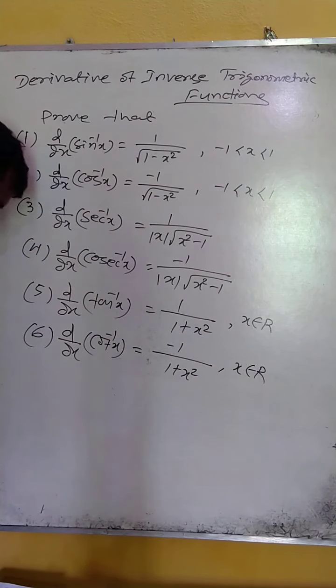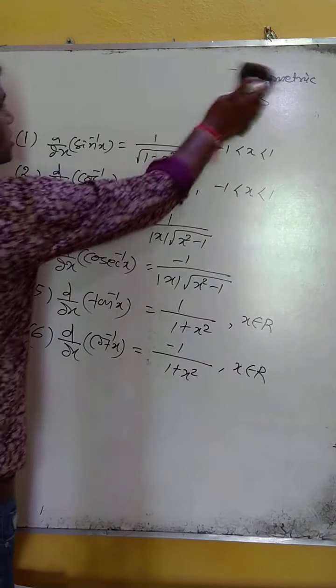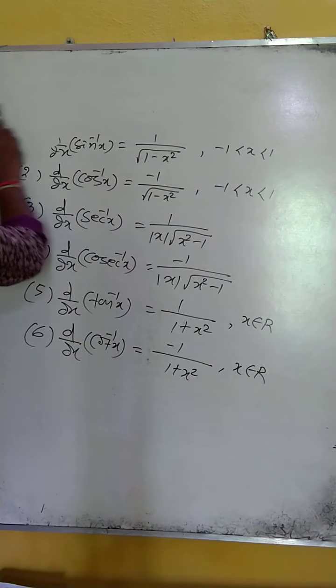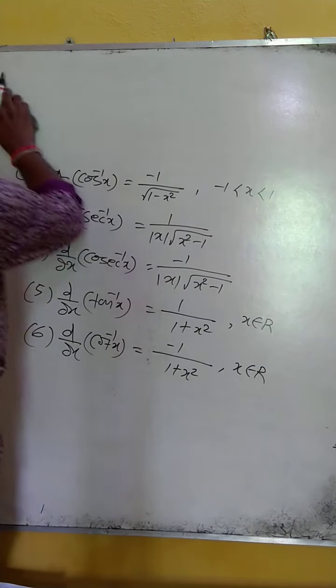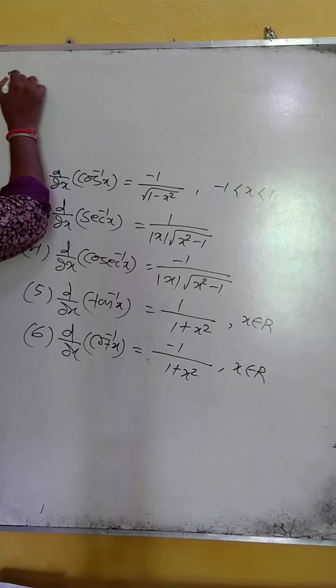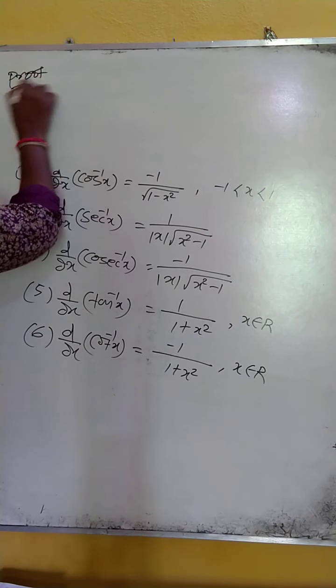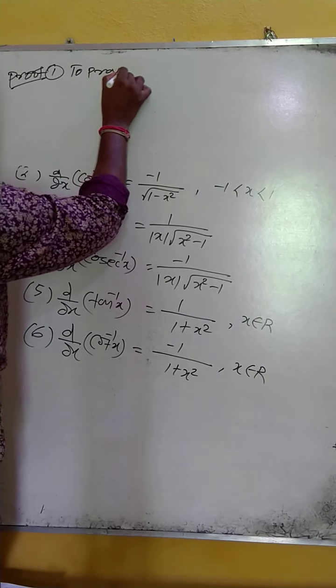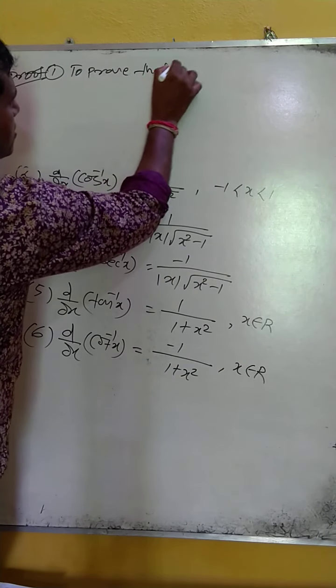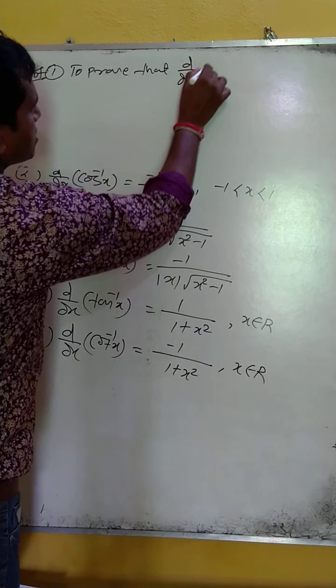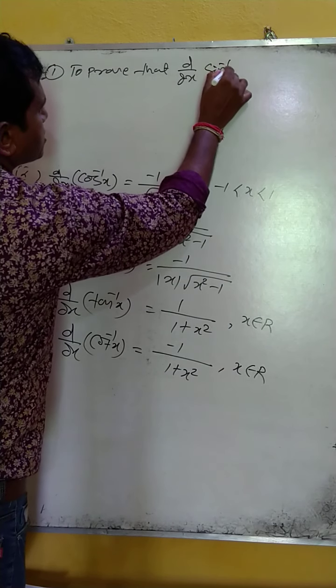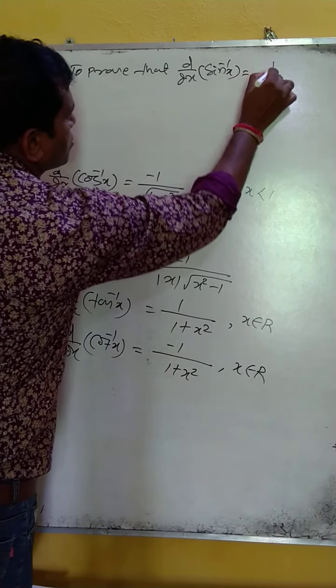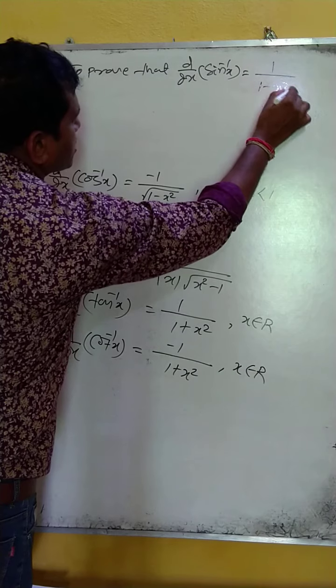Okay, first we prove the derivative of sin inverse x. To prove that d by dx of sin inverse x is equal to 1 by root over 1 minus x square.